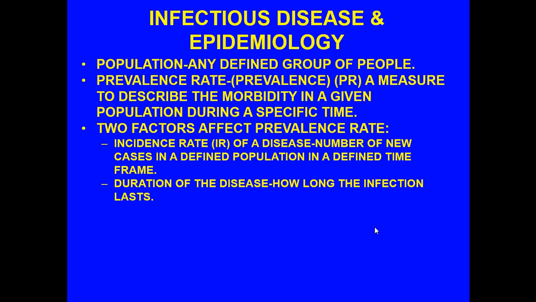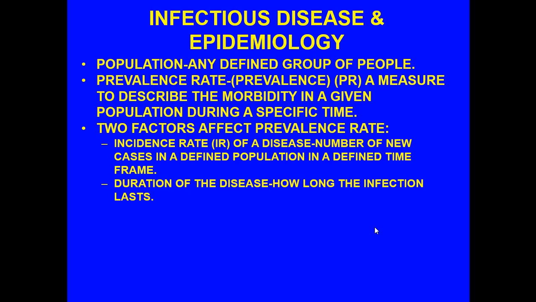Now, there are two factors that affect prevalence rate. The incidence rate, the IR of a disease, that's the number of new cases in a defined population in a defined time. So you might say, okay, in the past 3 weeks, our incident rate has been about 300 a day. Also, we have to look at the duration of the disease.